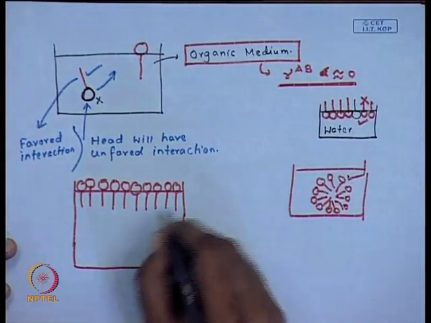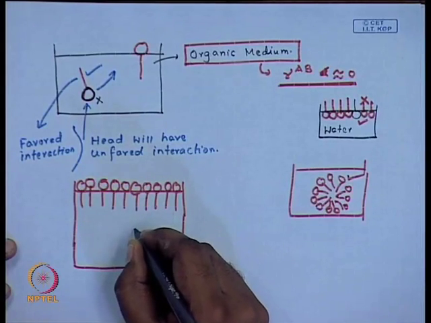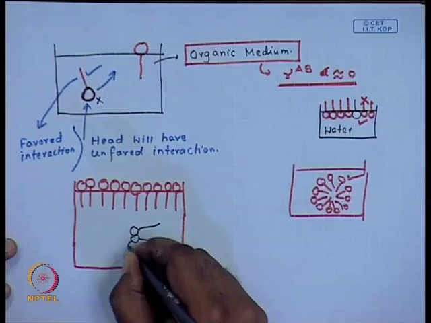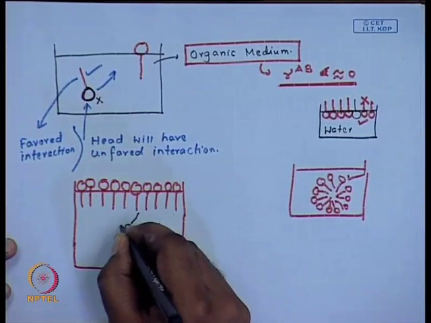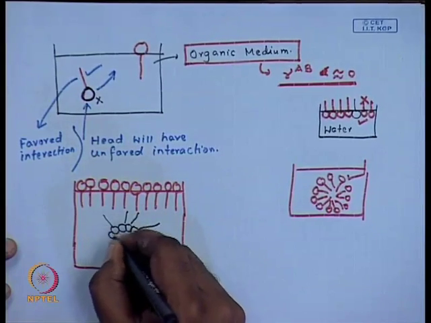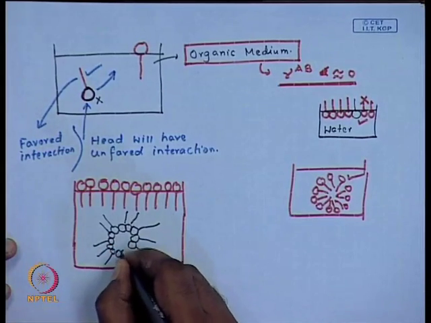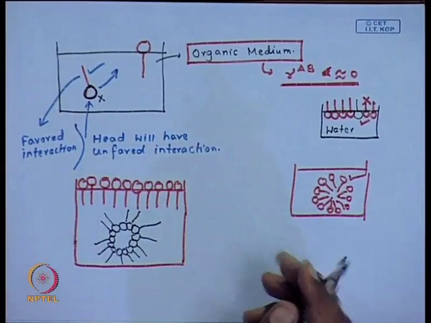However, here the tails have a favored interaction with the organic medium and the heads do not. So, now the tails help form a structure that allows hiding the head groups. So, you get a structure like this, again a spherical 3D structure, spherically symmetric.